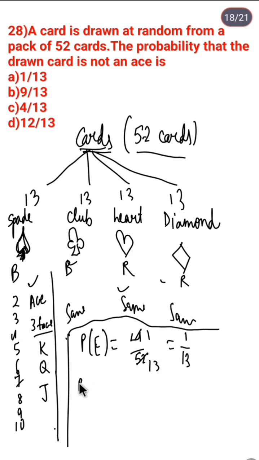Now we know the formula that the probability of getting an event plus the probability of not having that event, that is not an ace, same thing, the card is not an ace, will be 1.